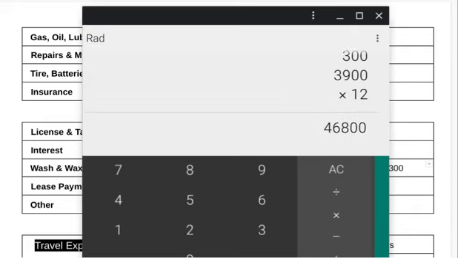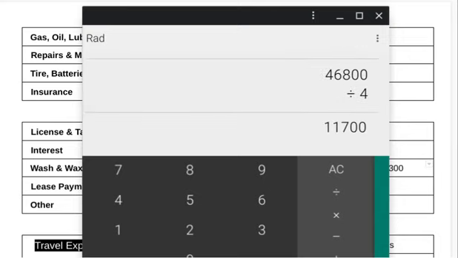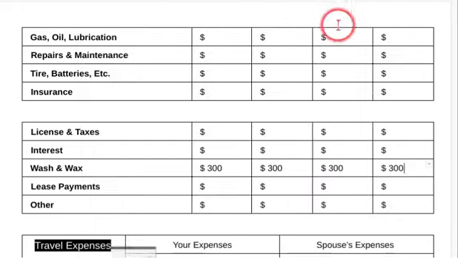So that means that's a total of $46,800 that you spend yearly on the leasing of the 4 vehicles. But then if you divide it by the 4, that's $11,700 per vehicle. So that's what you're gonna put on the line, $11,700.